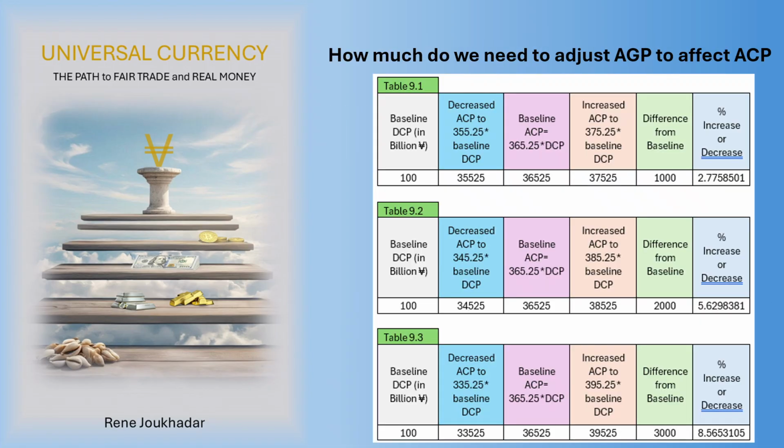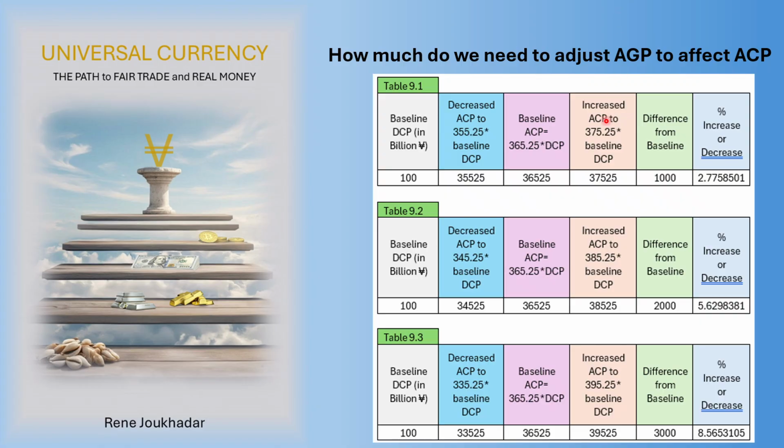In the SOV, at baseline, the annual global production is the same thing as the annual global consumption. So how much do we need to adjust the annual global production to affect the annual currency production? If there is a need to do so for some reason, as we suggested in the previous slides. For simplification purposes, we're going to assume that the daily currency production is about 100 billion Vs, 8 billion Vs for food production, and the remaining 92 billion from other primary production sectors.